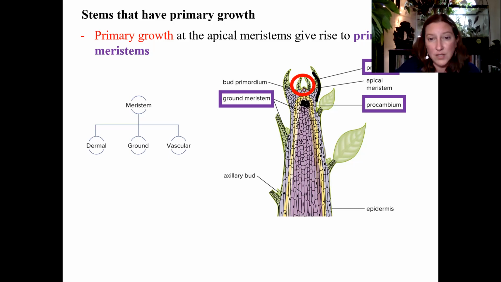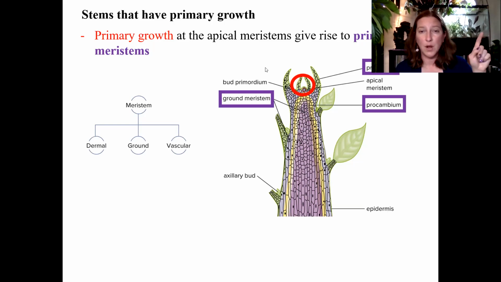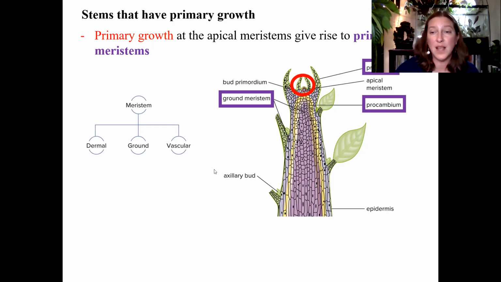And the apical meristem is going to make ground meristem, another primary meristem, and that's going to be right here. But what I want you to know is primary growth happens at the apical meristem, and that the apical meristem gives rise to three primary meristems, and these are their names.